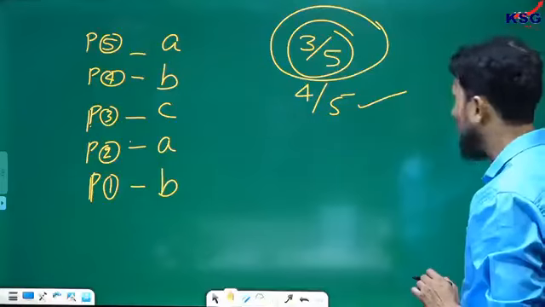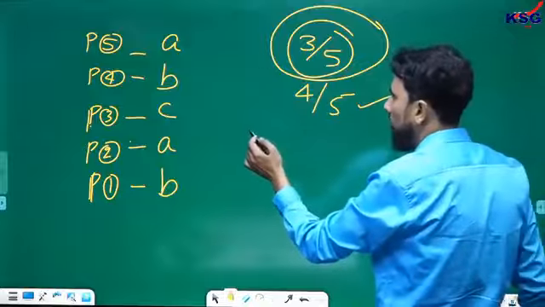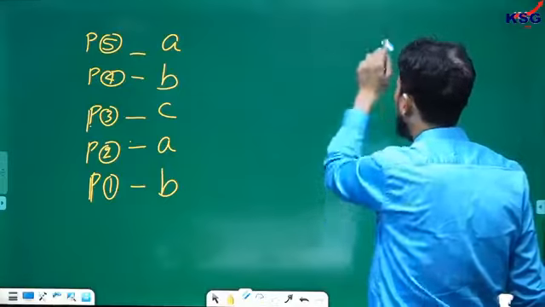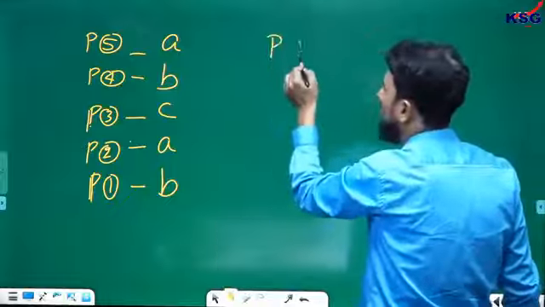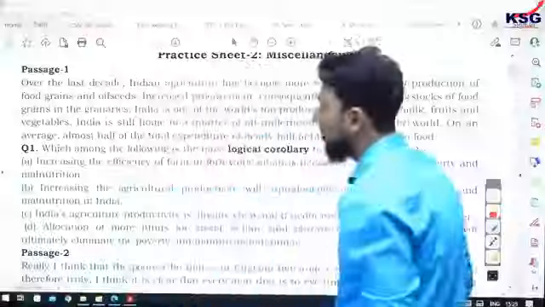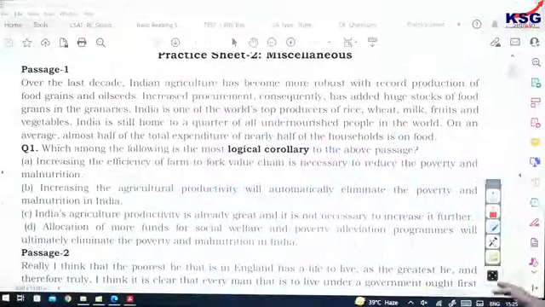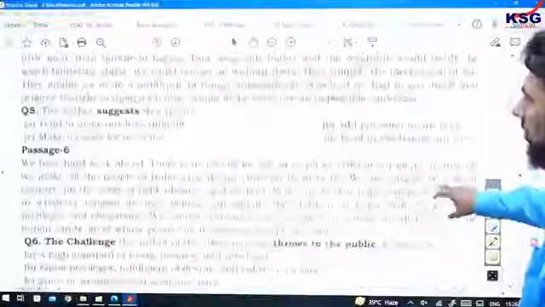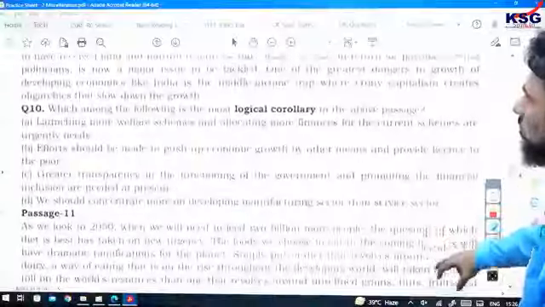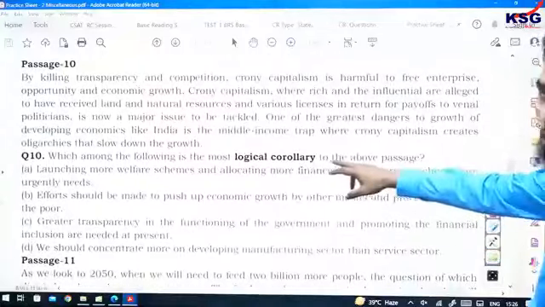So I write down the number of the passage you are supposed to solve. This time be careful. Passage number 1. All such students who earlier missed out must now correct and score 100%. So passage 1, then we have passage number 10, logical corollary.